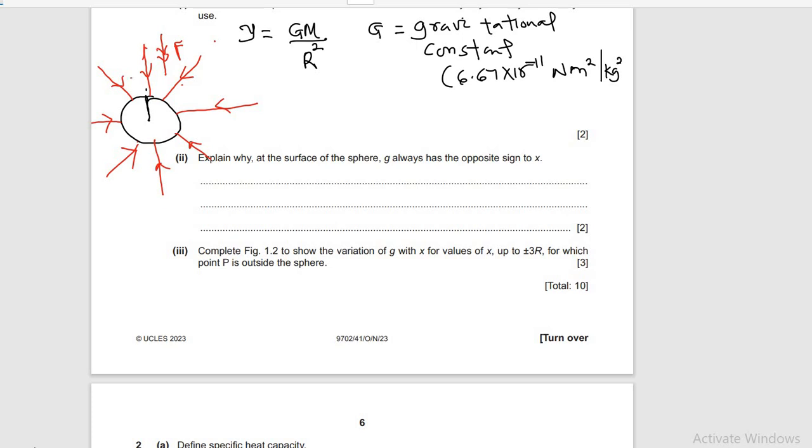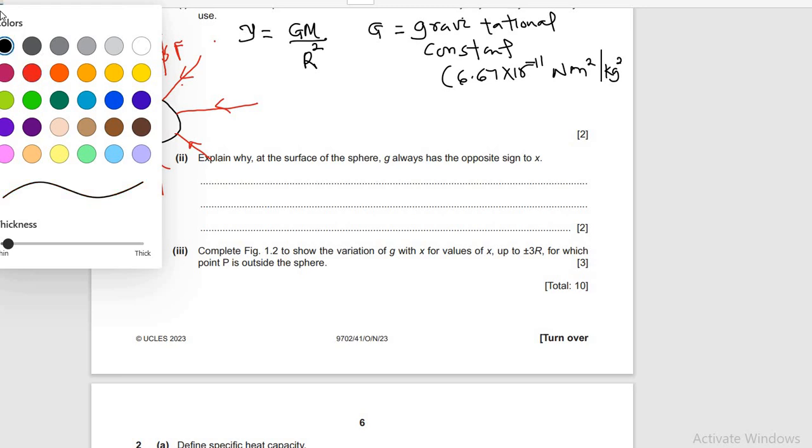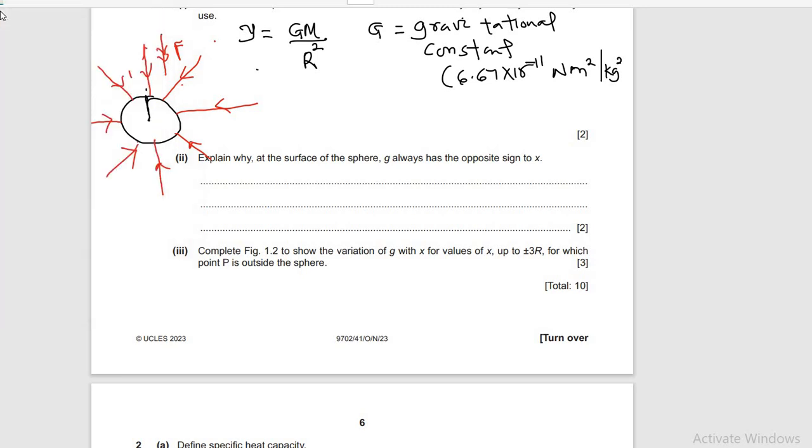Force and distance are in opposite directions. The distance increases upward, the force increases downward.